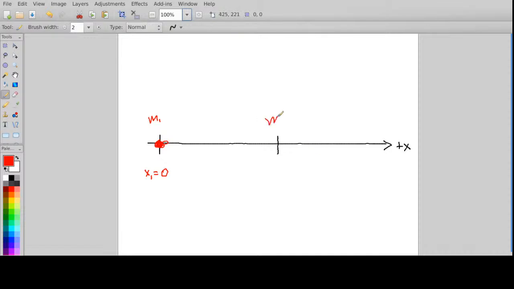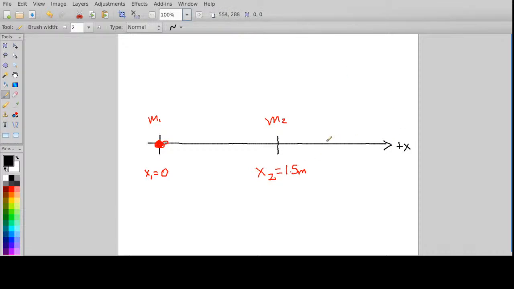This is where M2 is, and x2 is going to equal 1.5 meters. Sorry, that was M2. And then we had another one, a 4 kilogram mass at 2 meters.